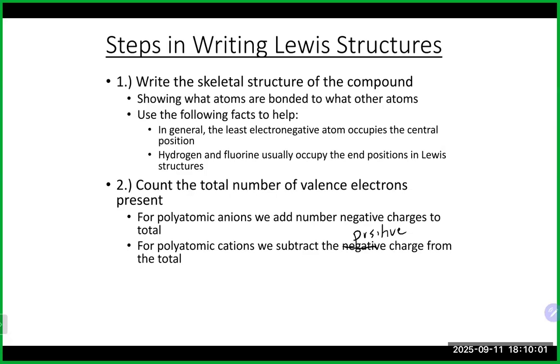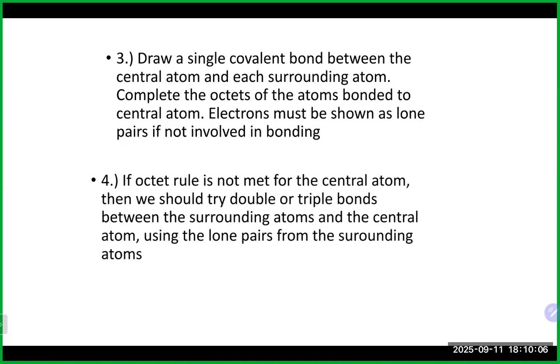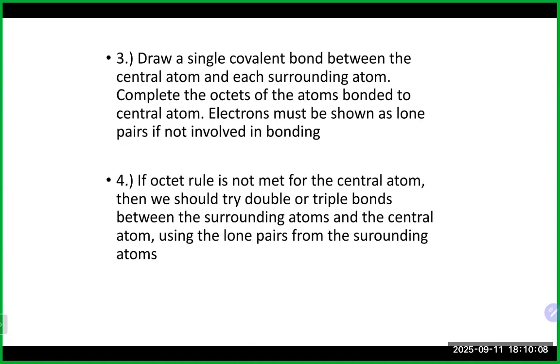Once you have the logical arrangement of how everything should come together and the total number of electrons, the first thing you want to do is make one single bond. Say you have an arrangement like this. I usually use lines for the bonding electrons; you can use dots, but most people use lines.